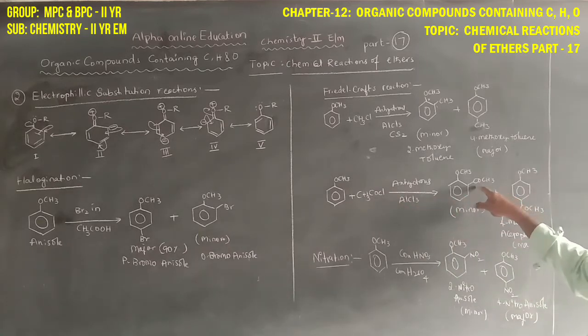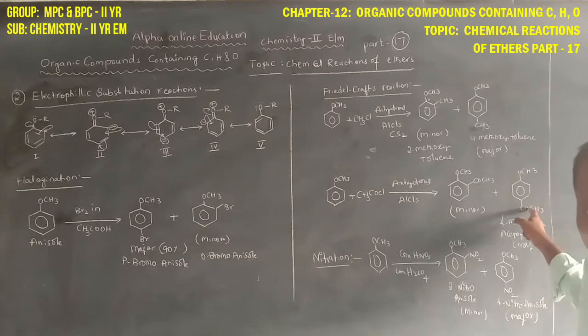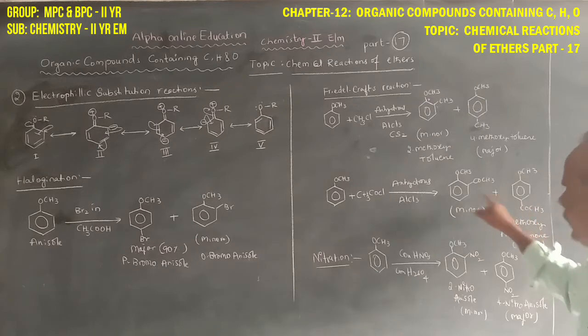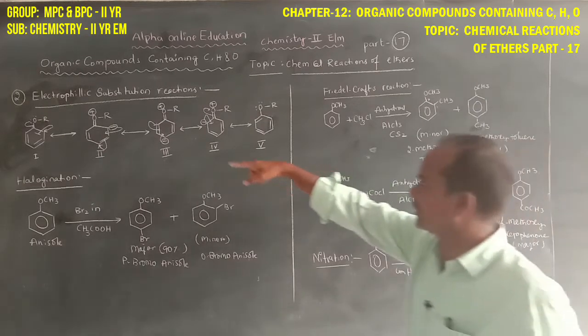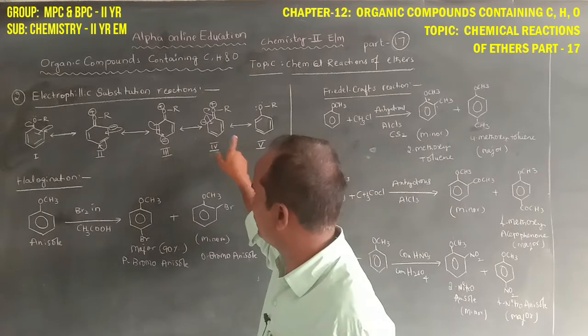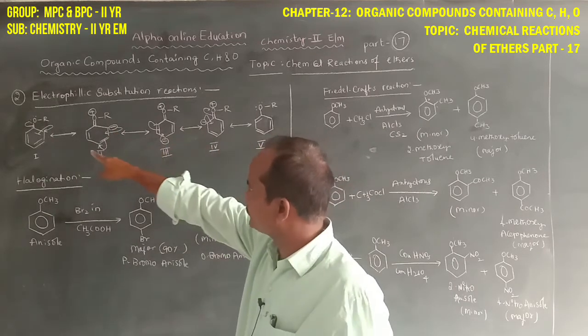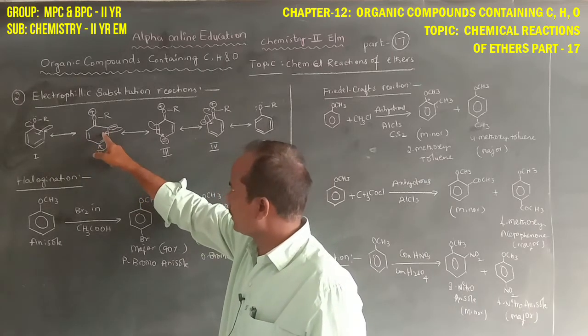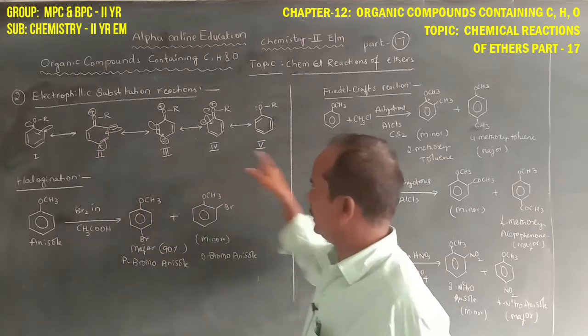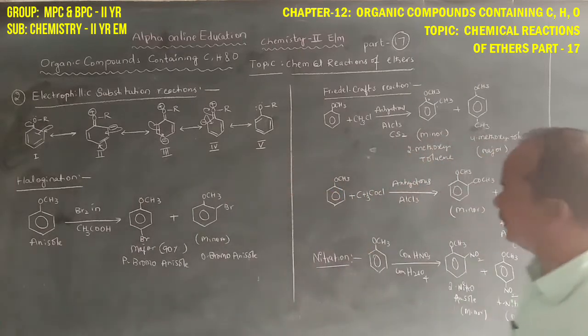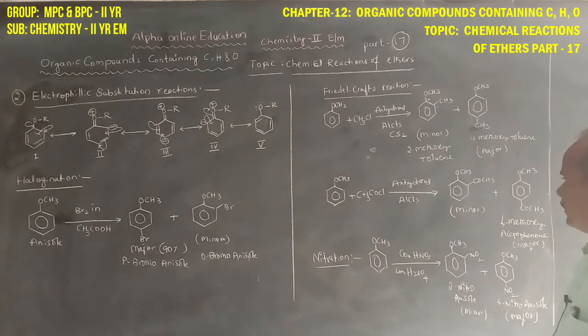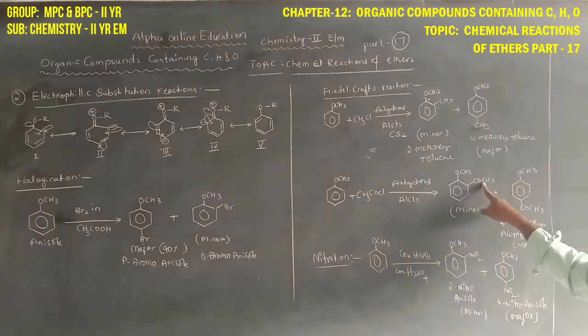This acyl carbocation attacks the ortho and para positions, where the electron density is maximum in the aromatic ring. This can be observed in the resonating structures of the alkoxyarene, where the ortho and para positions get more electron density.